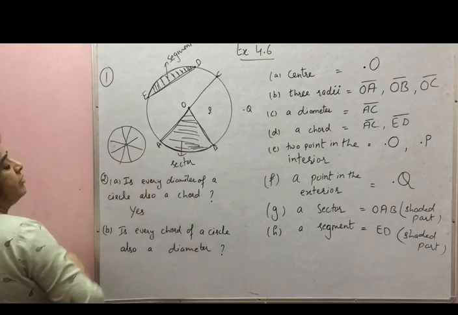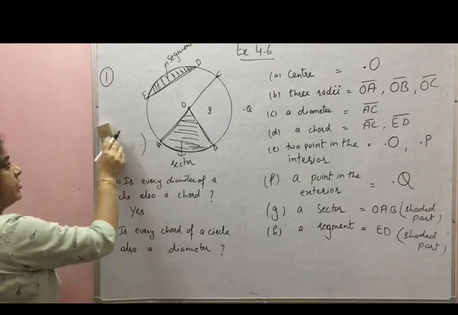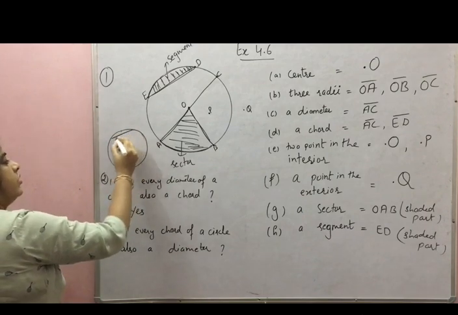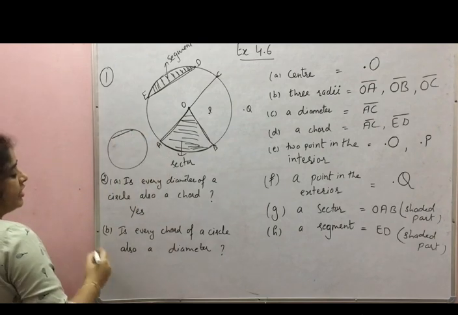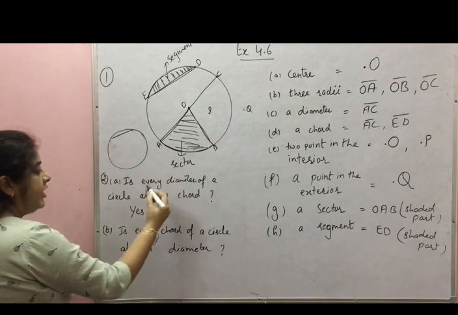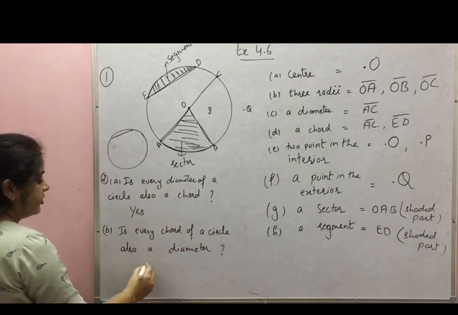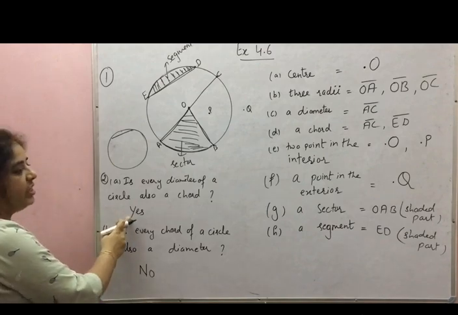So every diameter is a chord, but every chord of a circle is not a diameter. See this? This is a chord, but it does not pass through the center. It means this is not a diameter. So every diameter is a chord, but every chord is not a diameter. So the answer for this question would be No, and for the previous one would be Yes.